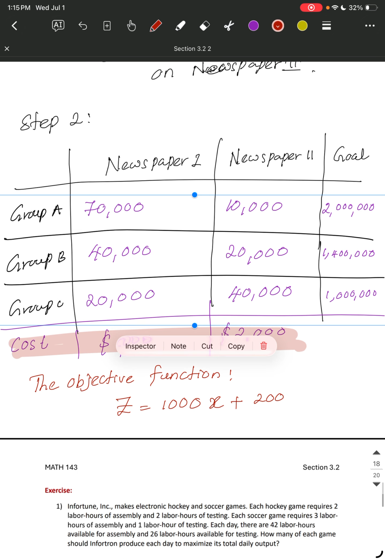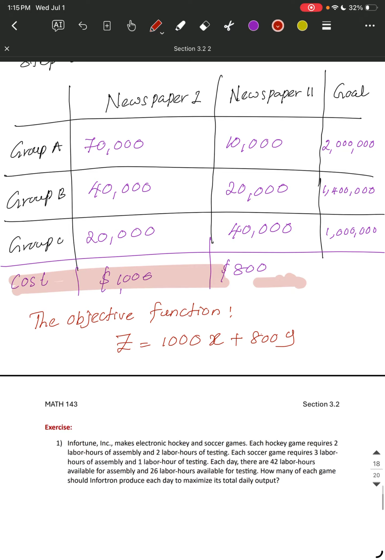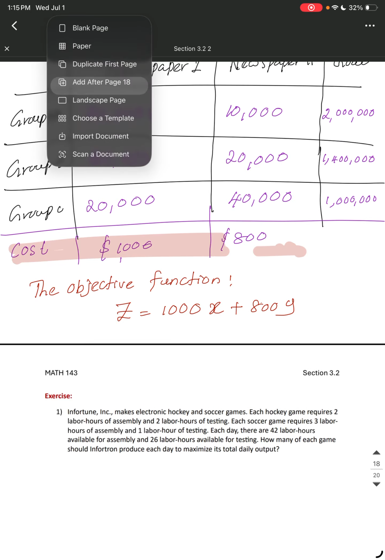Yeah, I did it wrong. You wanted to catch me up. Here it should be 800y, the cost. It's a minimization problem.